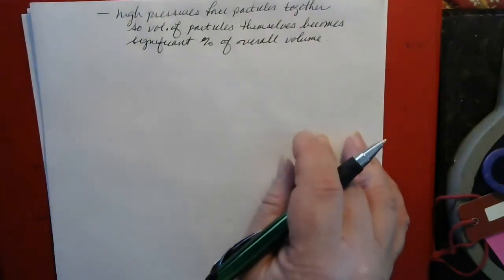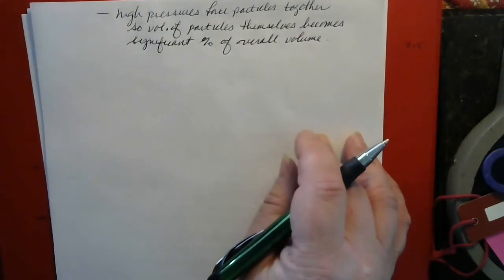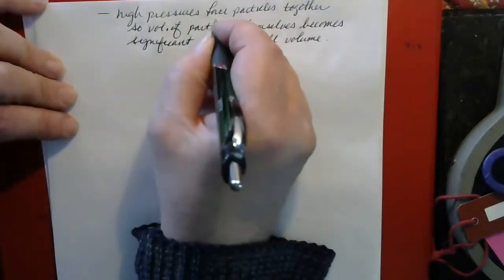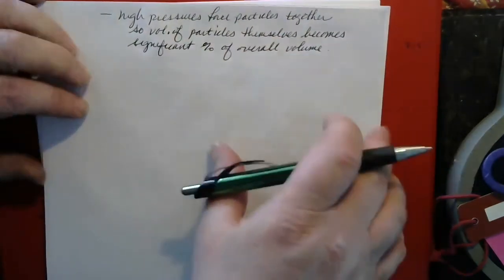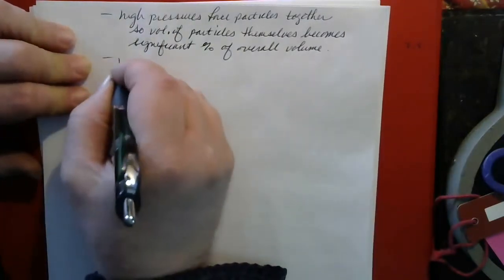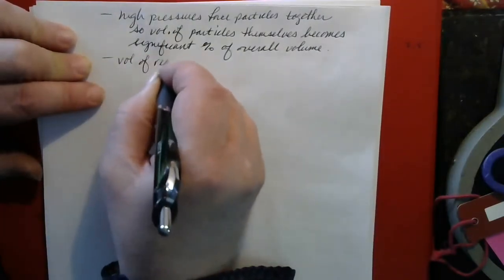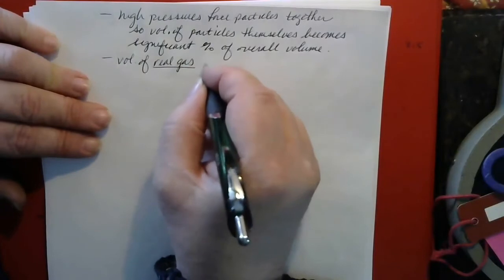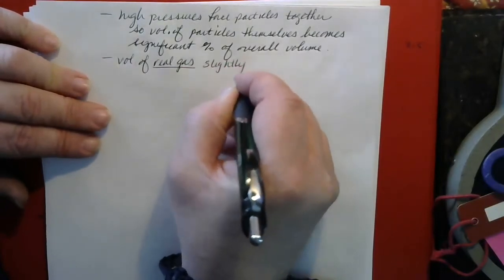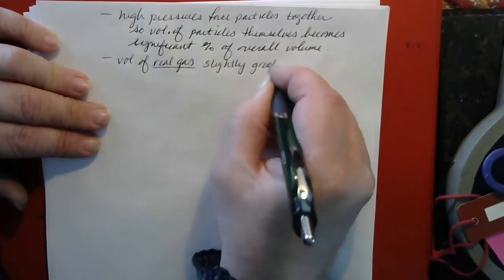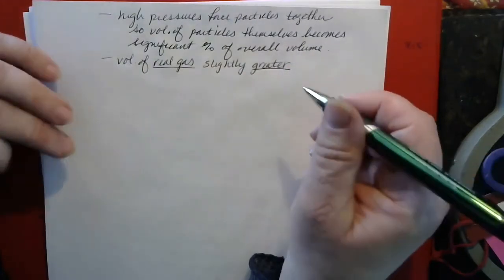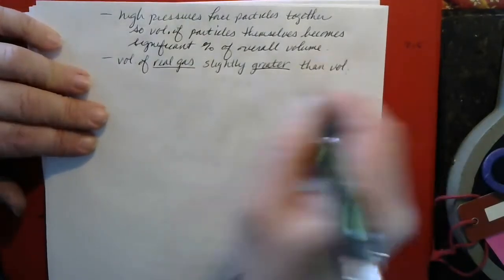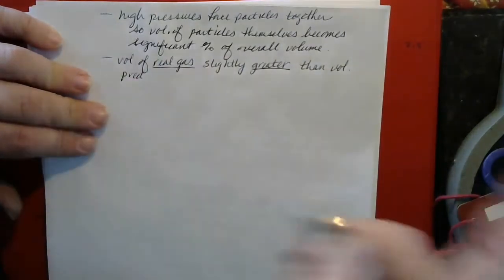But if you start compressing the gases and pushing the particles closer to each other, then you're going to get a situation where the gas particles themselves take up a significant amount of space compared to the overall volume of the gas. And so it turns out that the volume of a real gas will be slightly greater than what's predicted by the ideal gas law as the pressure increases.